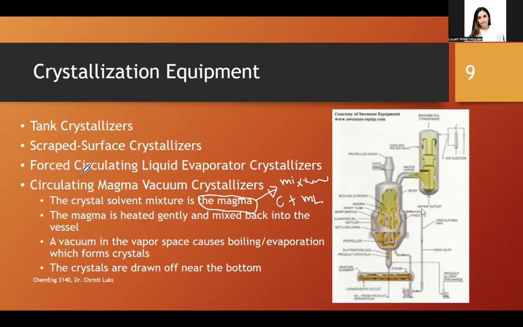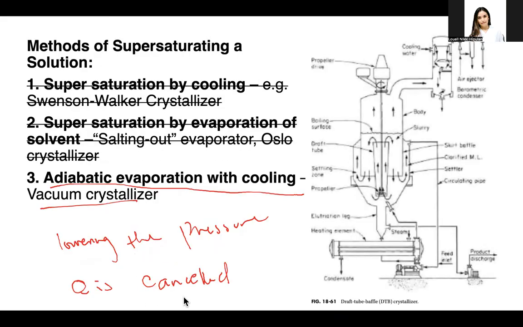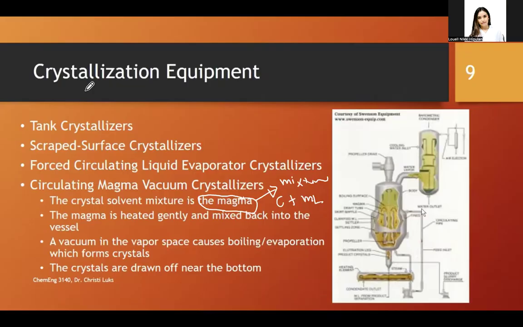The vacuum in the vapor space causes boiling or evaporation, which forms crystals. So this process is like the adiabatic evaporation with cooling process. So it uses lower pressure, or vacuum pressure. The crystals are drawn off near the bottom.